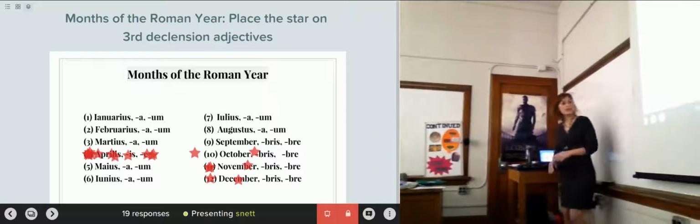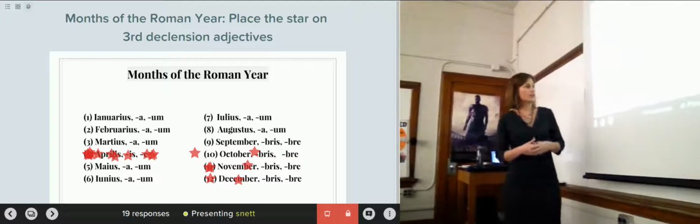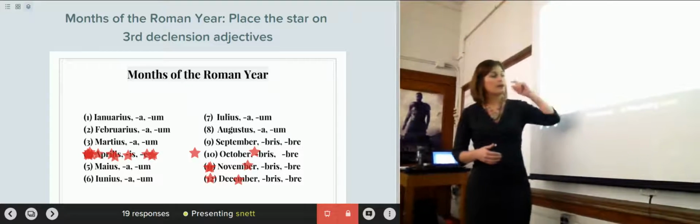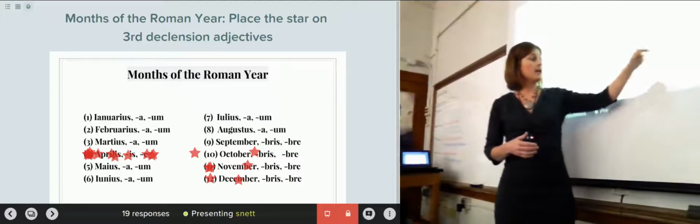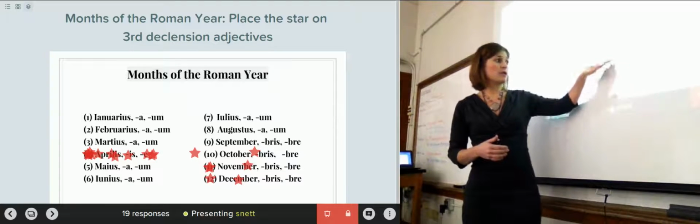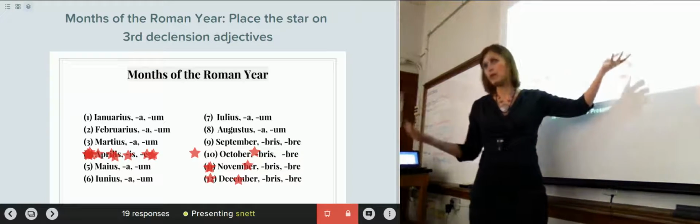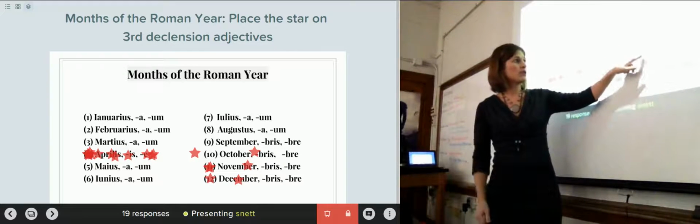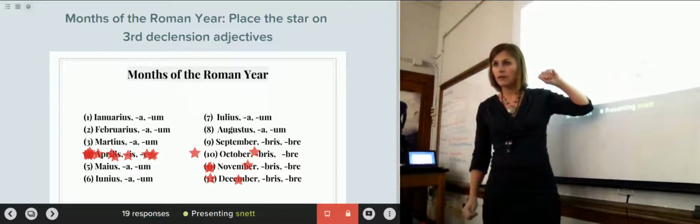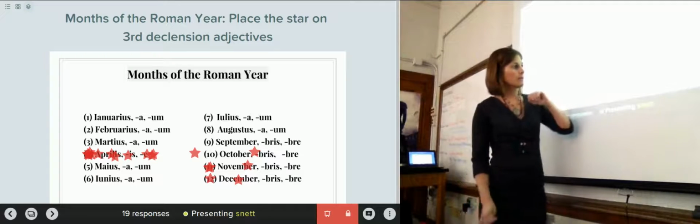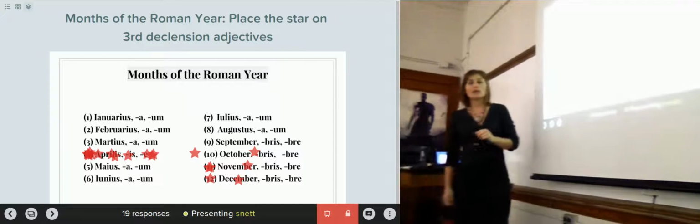So Aprilis, you recognize the third declension adjective by -is, -e. Here it's -is, -e, but the difference between the nominative and the genitive form is that the e drops out, the stem changes, because in third declension, we're used to stem changers. We did forget one. Which one did we forget? September. Good. Any questions so far?